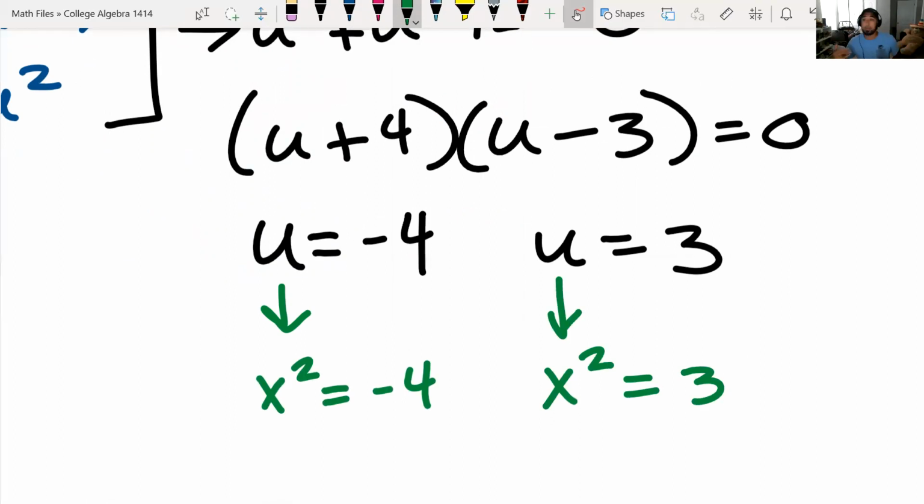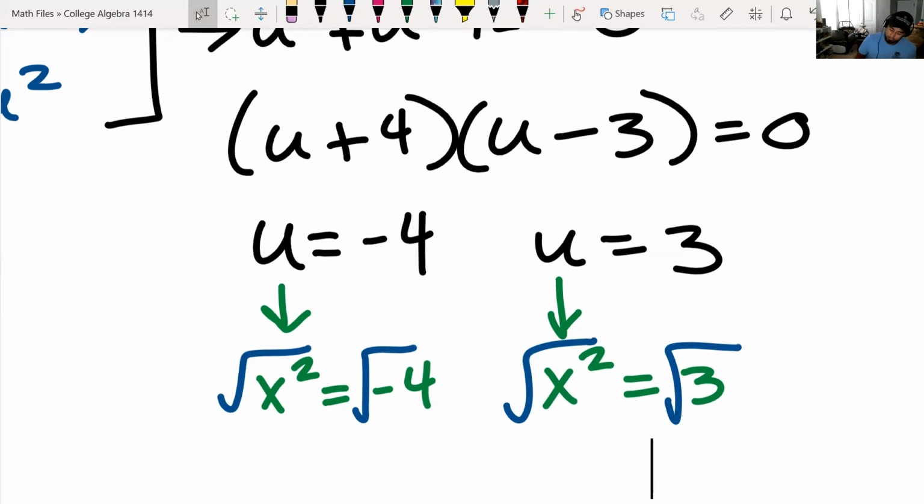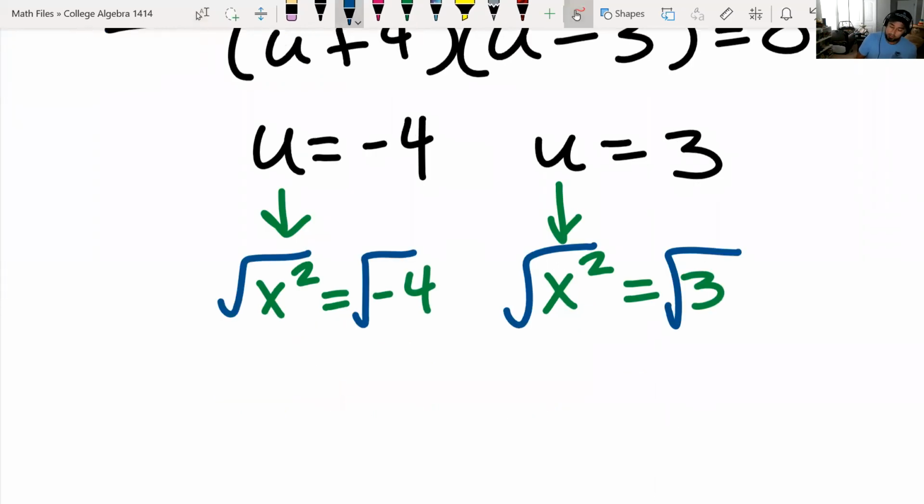So we bring back the substitution, and now it's put in the format for us to solve for x. Okay, which means in order to solve for x, we have to get rid of that square, so we will just square root. And if you look at the first one, what happens when you square root a negative value?